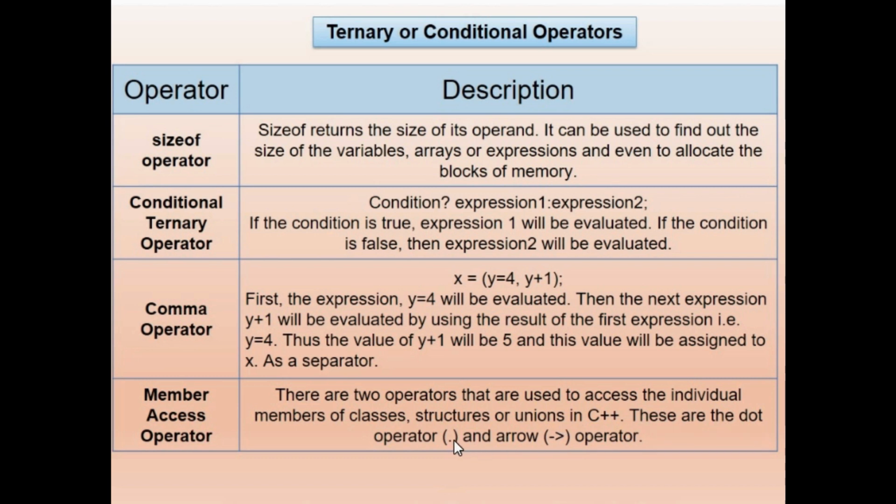These are the dot operator and the arrow operator. Dot operator is known as the access operator, and arrow operator is used as a pointing operator. It is represented as a pointer also, which can direct you from one location to another location where the value exists.